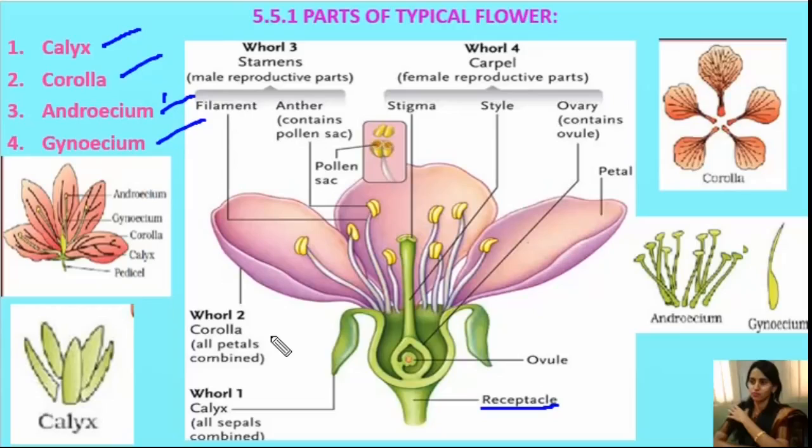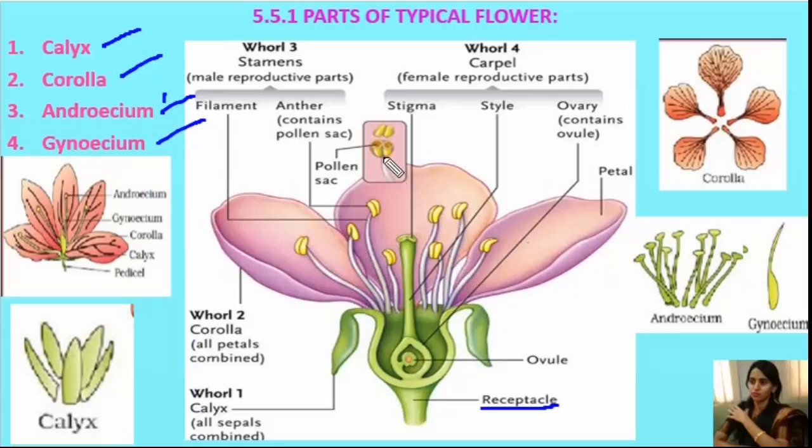Okay, so hence the androecium and gynoecium are the reproductive part of the flower. The androecium is made up of stamens.